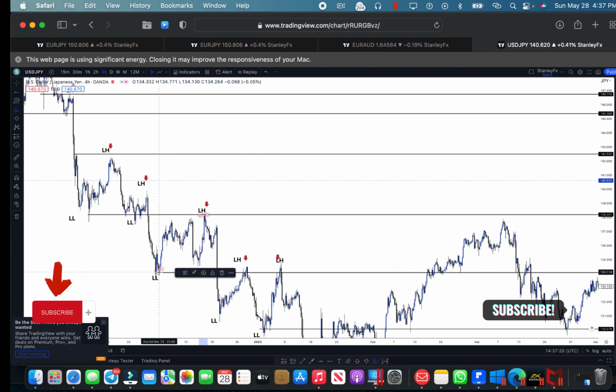We're looking to exit our selling opportunities, which were at that particular point, exit from there and wait for the market to come to our favorable station, area, or level, which is 138.201.